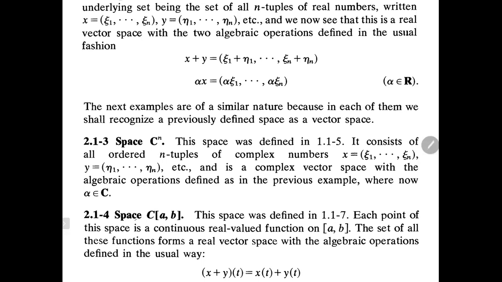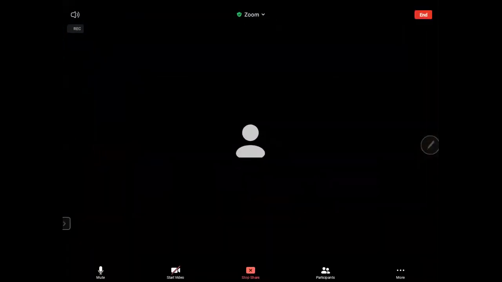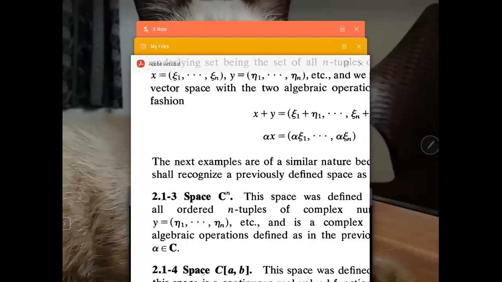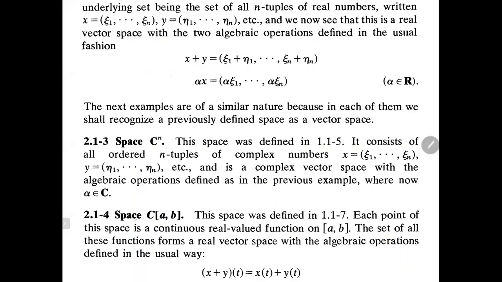Similarly, y is an ordered n tuple of complex numbers eta1 up to eta n. So algebraic operations are defined very similar to the algebraic operations we defined for Rn, x plus y, and alpha x.